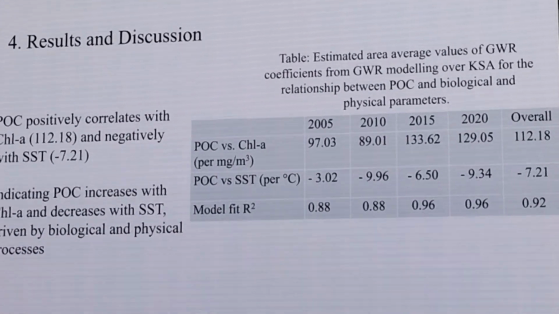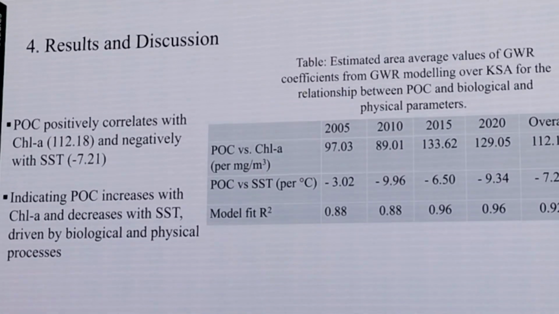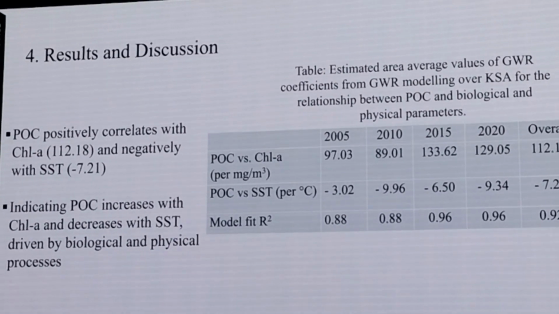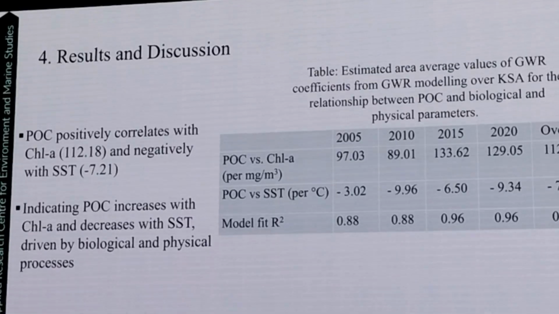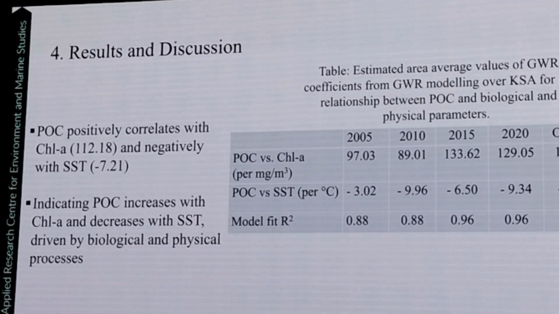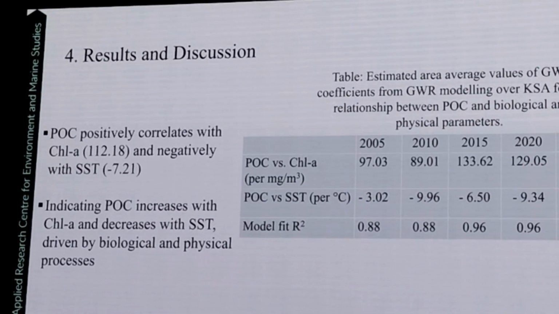And for sea surface temperature, that means with each increase in sea surface temperature, the amount of particulate organic carbon can decrease by 3.02 milligram per meter square.